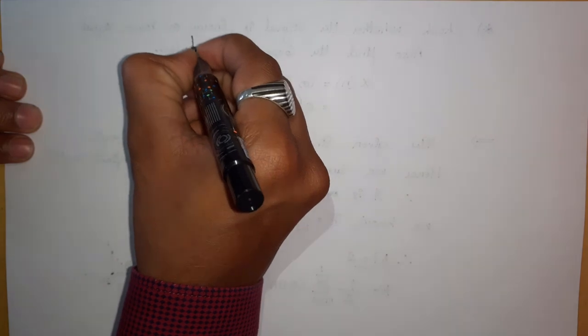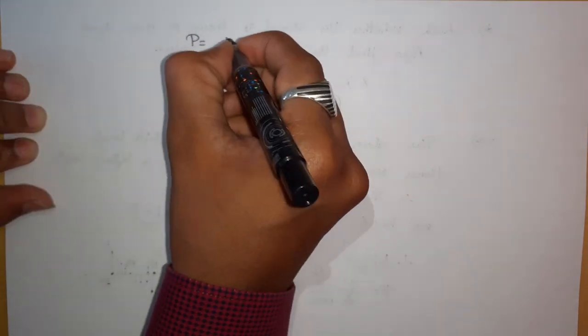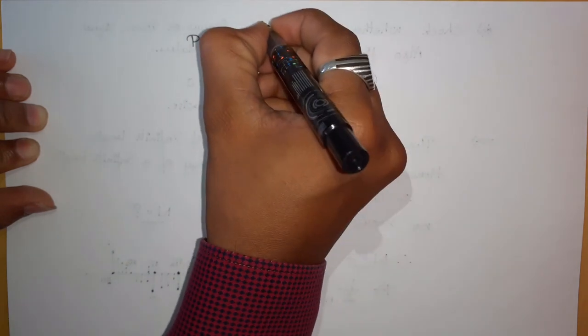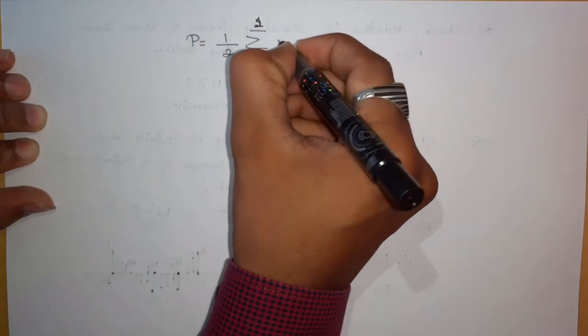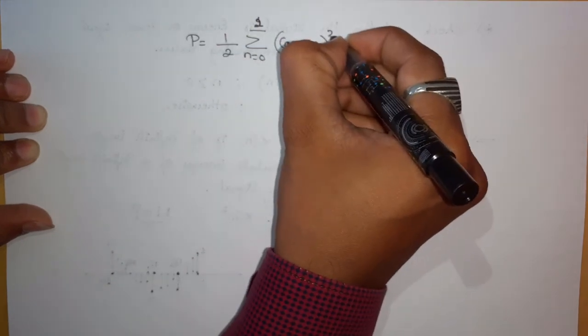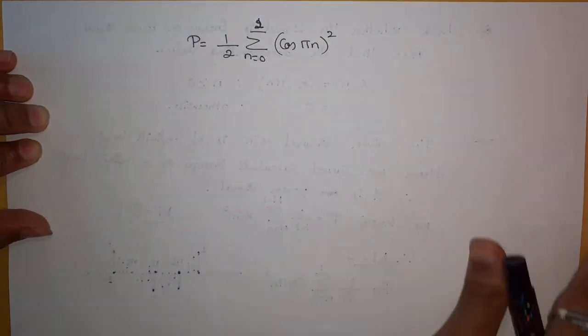Now we got P is equal to 1 by 2 summation of n is equal to 0 to 1 of cos pi n whole square, right?